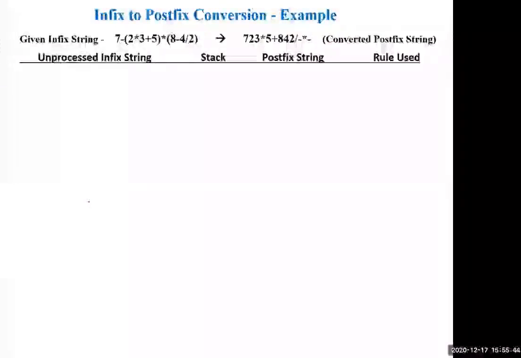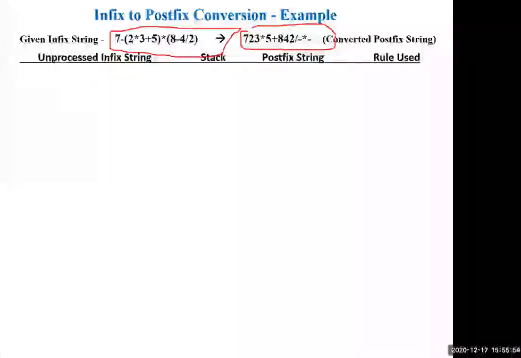This is the example for infix to postfix conversion. This is our given infix string, which we have to convert into postfix. This is the final outcome of this particular conversion. This is the table which will be used to perform this evaluation and give us the result.